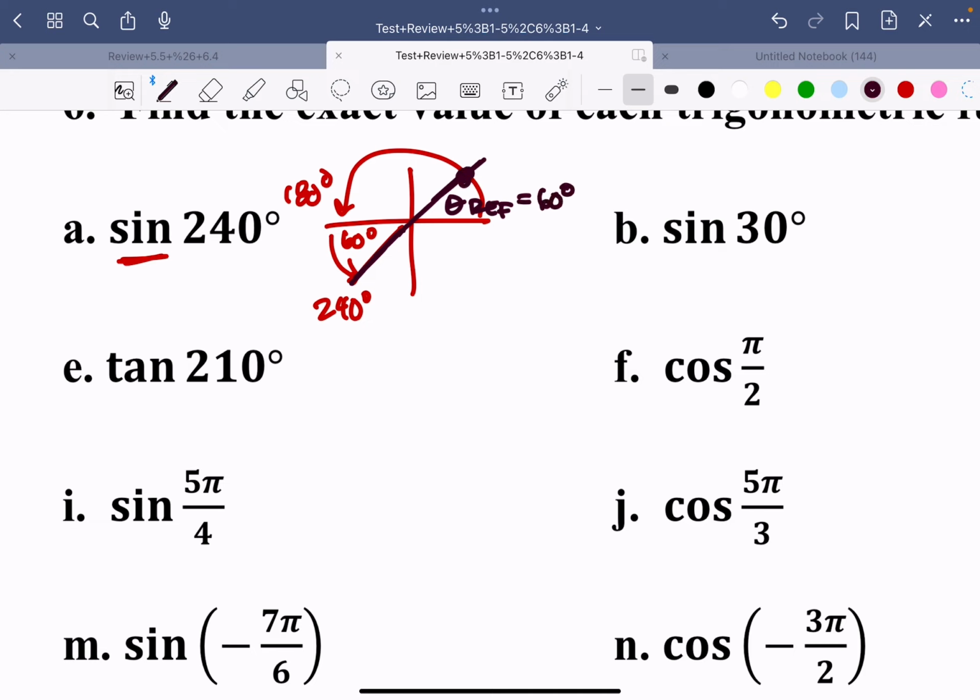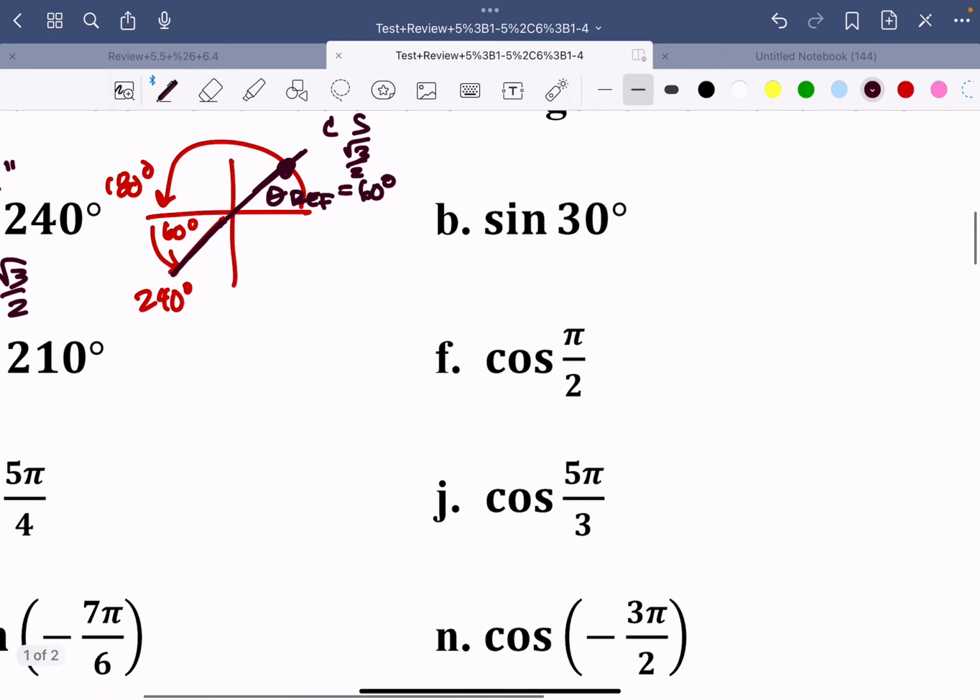What the sine is, well, we know on trig hand from 60 degrees that sine is the square root of 3 over 2. So that means that down here, the sine is going to be negative square root of 3 over 2 because sine is y. If I do the sine of 30 degrees, that's the same thing as sine of pi over 6, and so that's going to be 1/2.